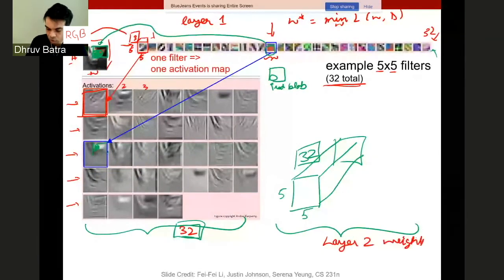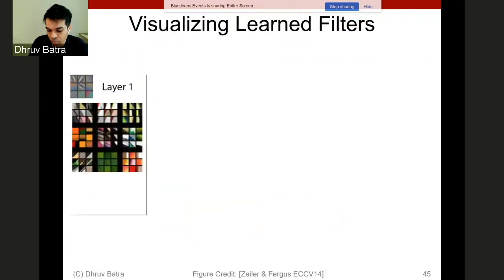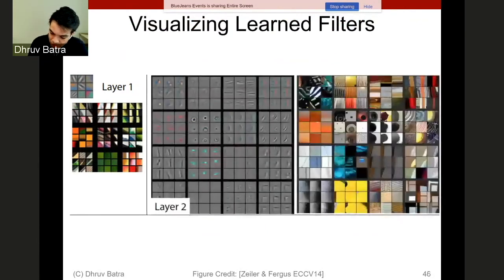Layer 2 weights cannot be visualized easily. That's what I'm trying to say here. Okay, so in order to visualize that, we will have to develop new techniques for visualizing.